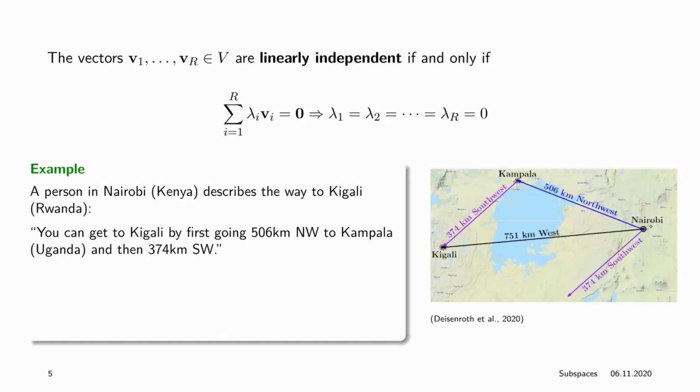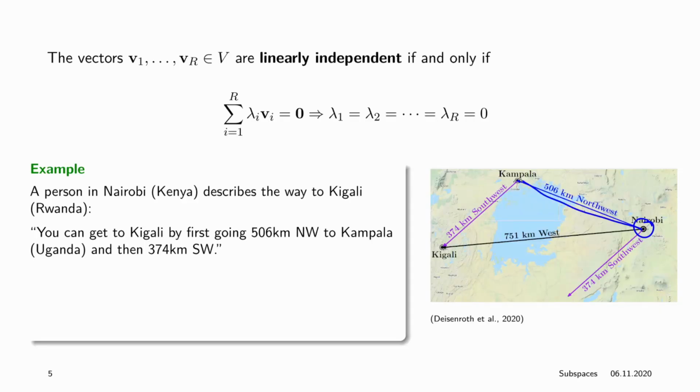Let's look at an example. Say you are in Nairobi in Kenya and you would like to describe the way to Kigali, which is in Rwanda.